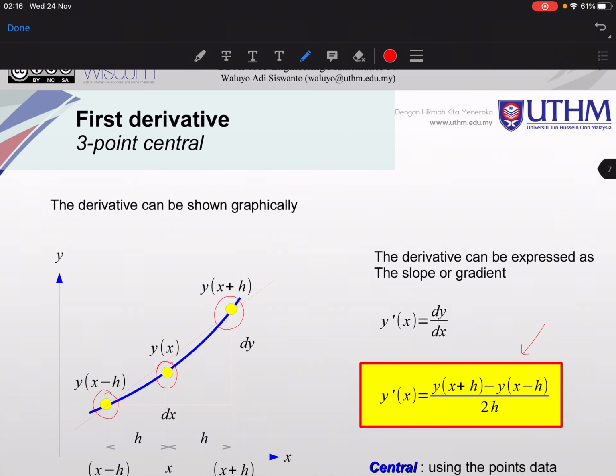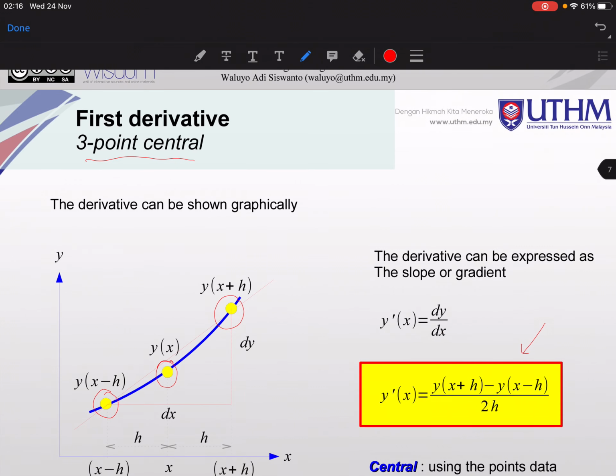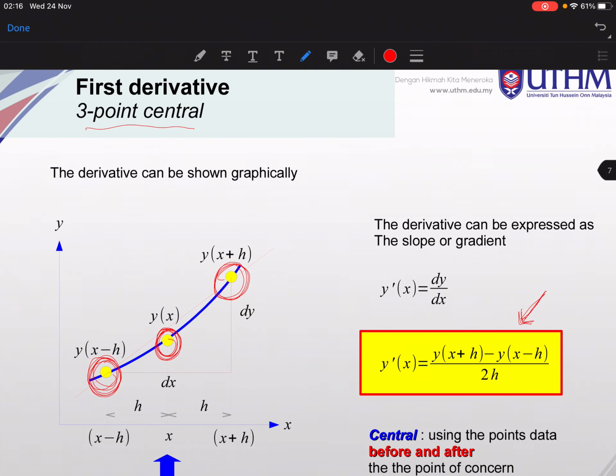And we have also looked at 3-point central, whereby if this is our area of interest, we need to use the point forward next to it, and the point backward before the point of interest. And this is the equation that we can use to find the differentiation using 3-point central.